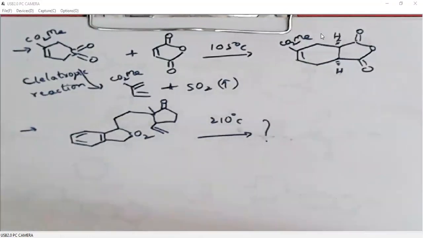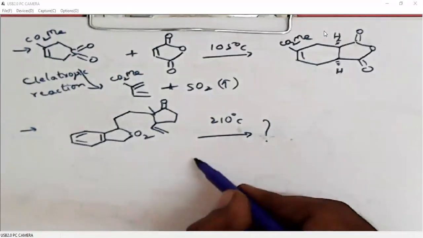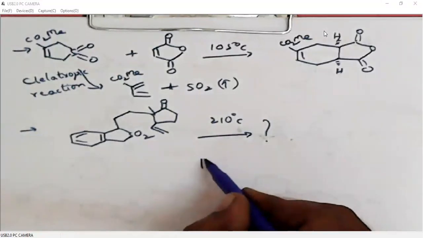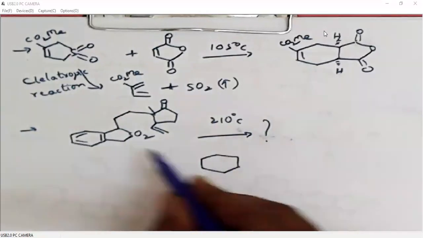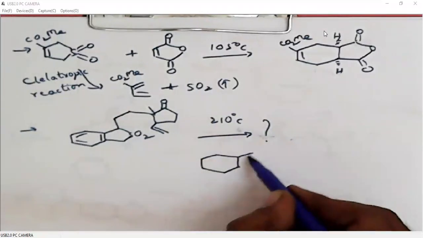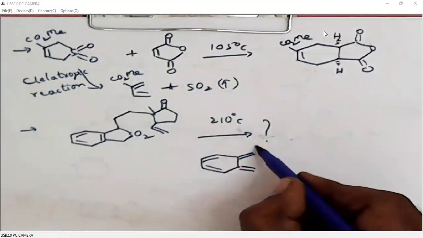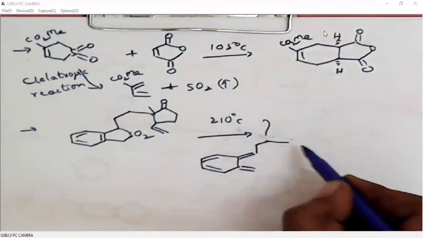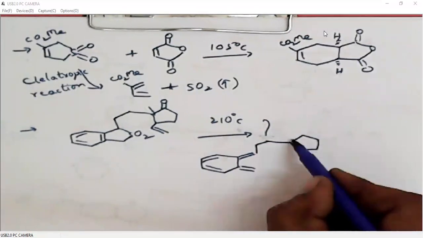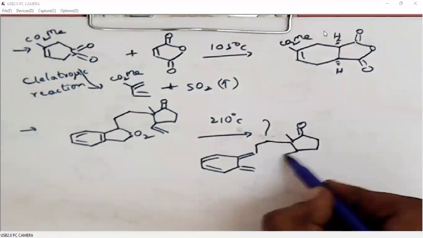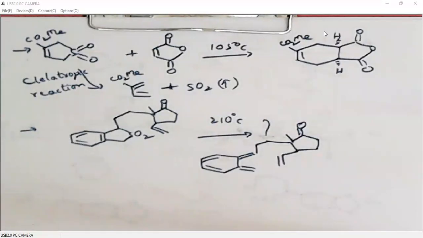What is the product here? Right. So this generates a diene by expelling this sulfur dioxide. So it generates a diene like this. Then it will undergo an intramolecular Diels-Alder reaction with this dienophile.